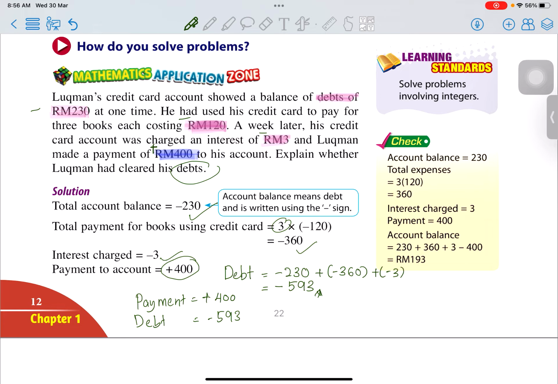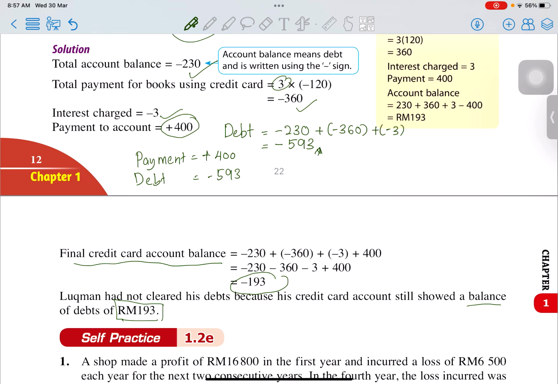The final credit card account total is negative 193. Why? Because negative 230 minus 360 minus 3, and then plus 400 because he only paid 400 ringgit. So that means Luqman has not cleared his debt because his credit card account still shows a balance of debt of RM 193.